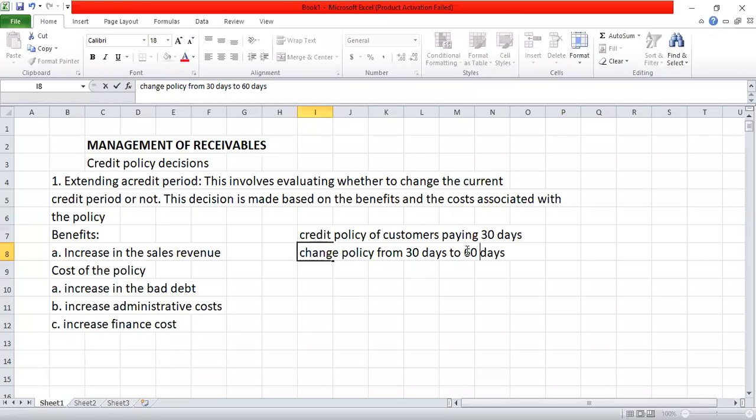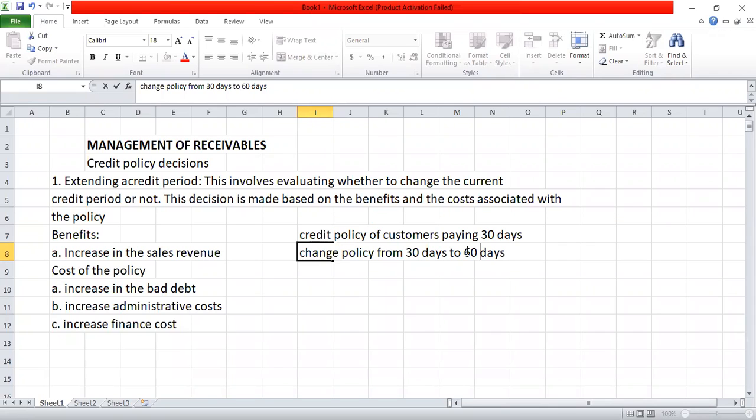And we said the key benefit that you may experience by changing the policy is the increase in the sales revenue. If you change the policy, you expect that your sales revenue will increase. But the key cost is that, because you're going to have many debtors, you expect your bad debt to increase.